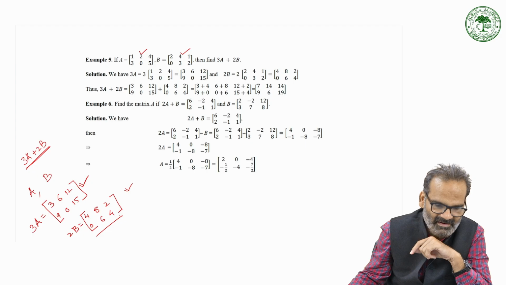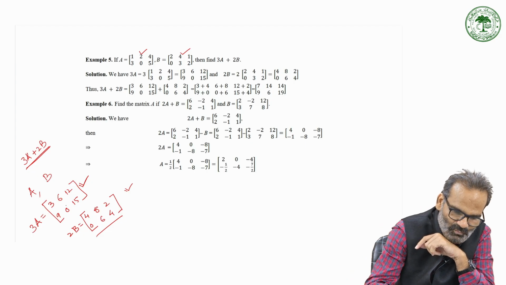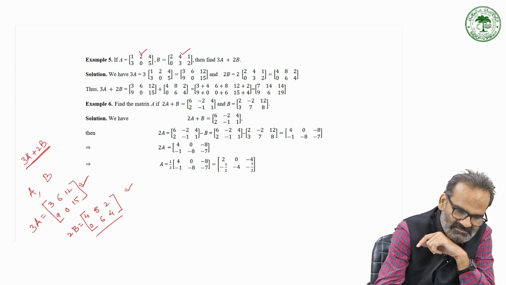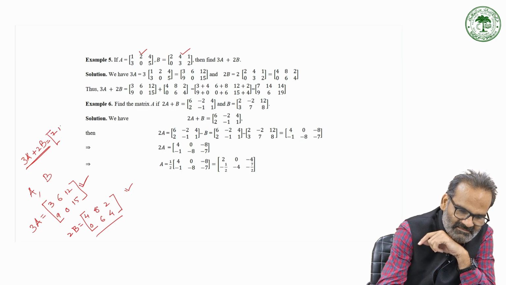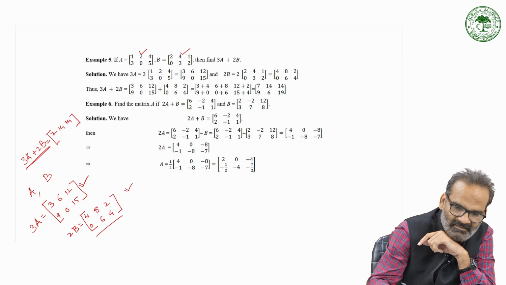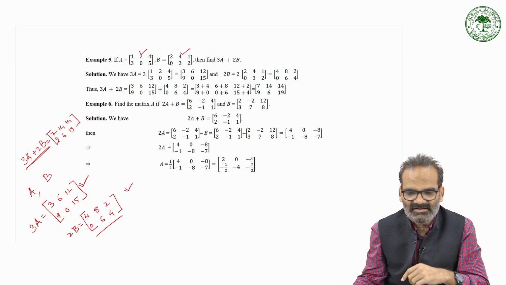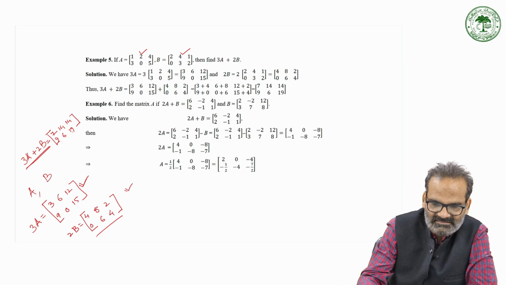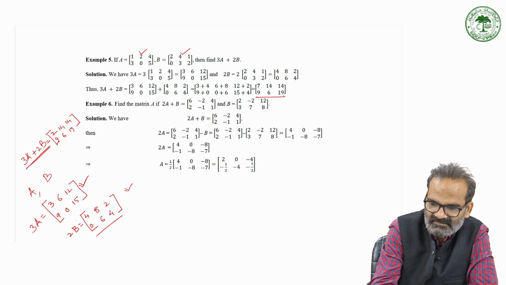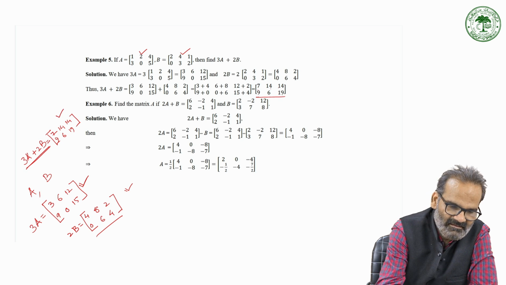We can add them. So 3A plus 2B, 3 plus 4, that is 7, 6 plus 8, that is 14, 12 plus 2, that is 14, right? And then 9 plus 0, that is 9, 0 plus 6, that is 6, 15 plus 4, that is 19. So 3A plus 2B is this matrix 7, 14, 14, 9, 6 and 19, right?